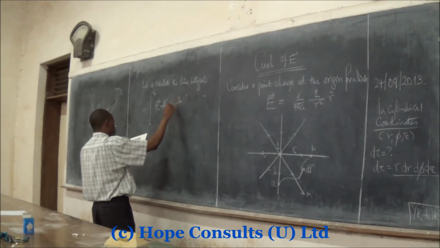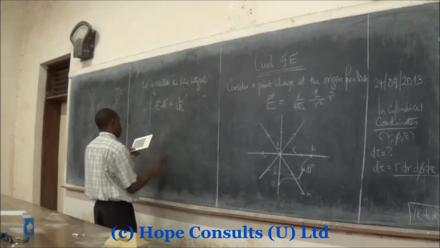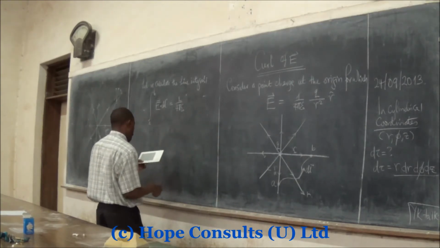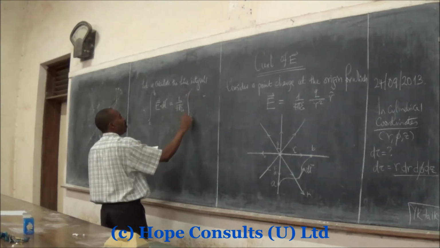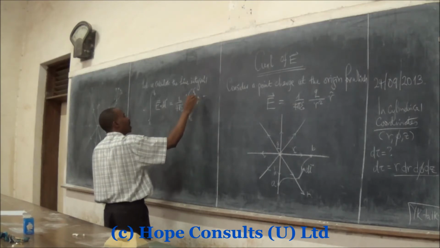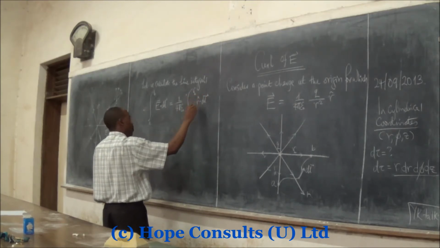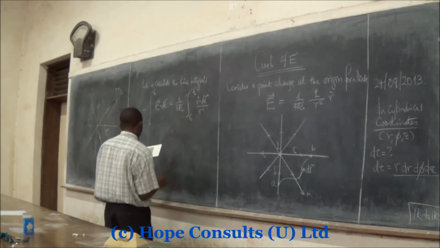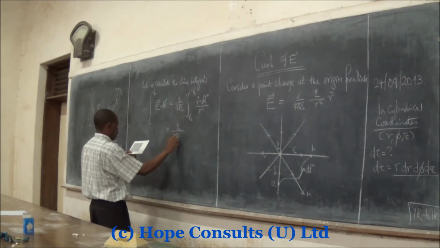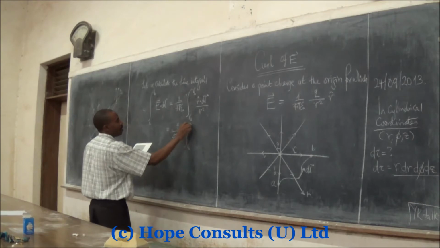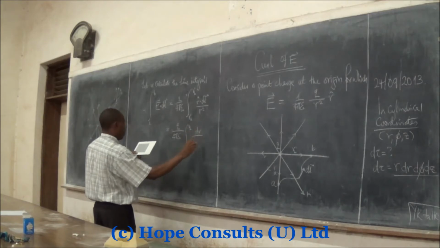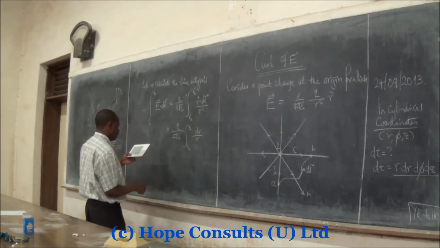Q over 4 pi epsilon naught, by substituting for E, so it is Q over 4 pi epsilon naught integral from RA to RB of R cap dot dl divided by R squared. And this would be Q over 4 pi epsilon naught integral from RA to RB of dR over R squared.